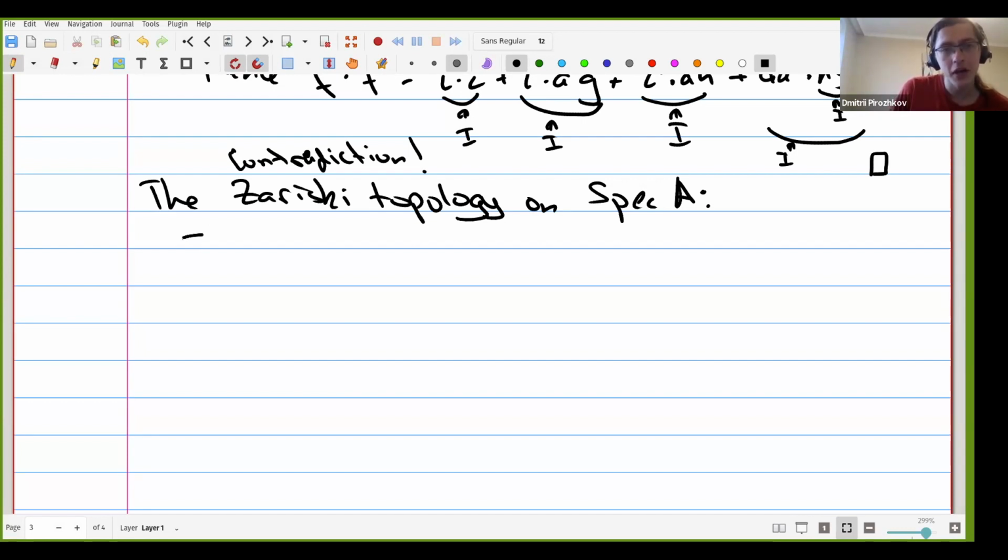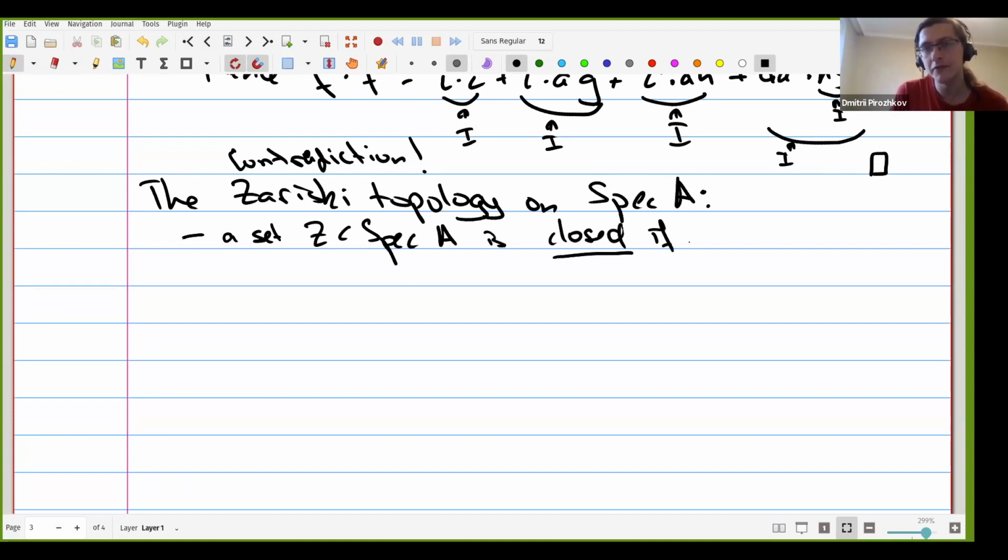So we say that a set Z in Spec A is defined to be closed if we can find some set of elements f_i of our ring such that Z is the intersection, the set of points where all the functions vanish.